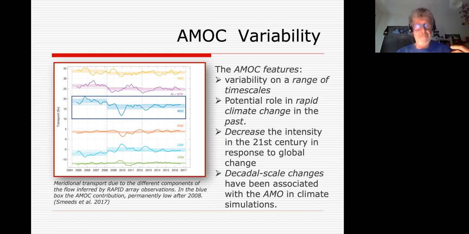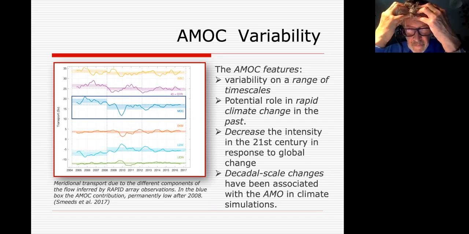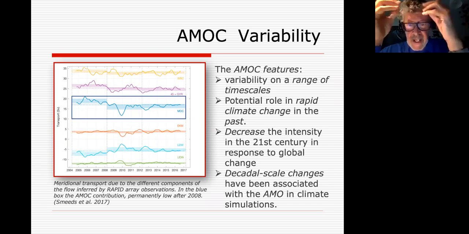The variability has a variety of time scales superimposed. And this variability could also have a potential role in creating rapid climatic change, at least in the past, because of its important role in bringing heat to high latitudes.